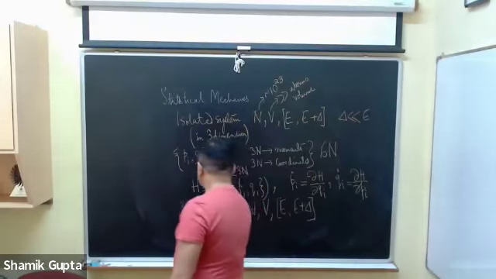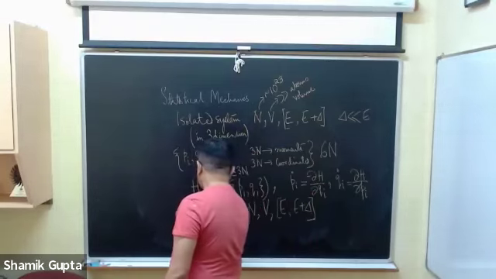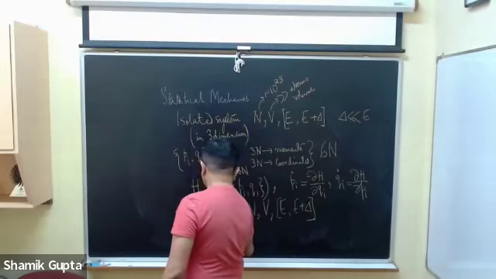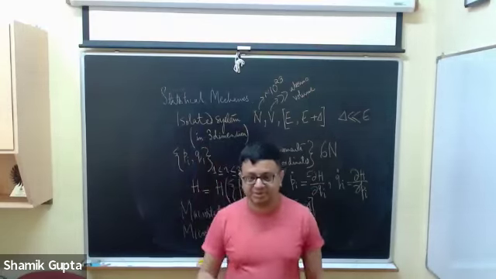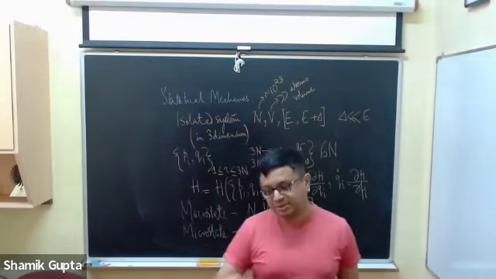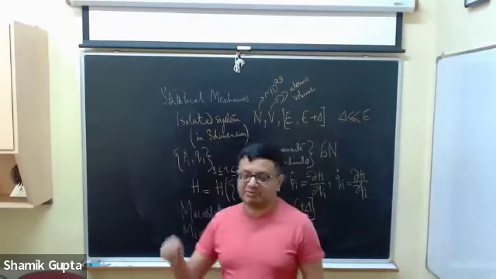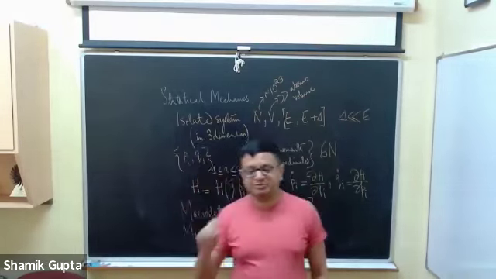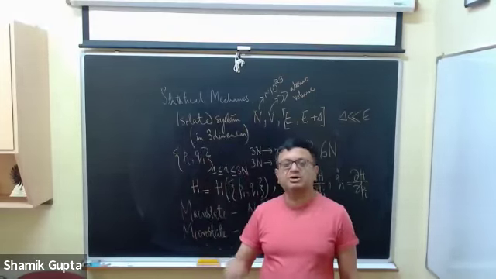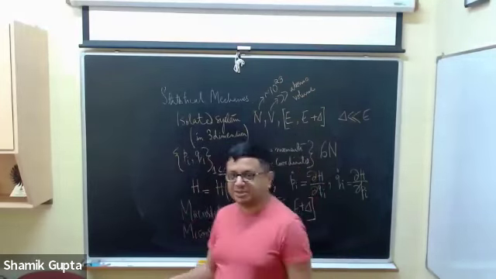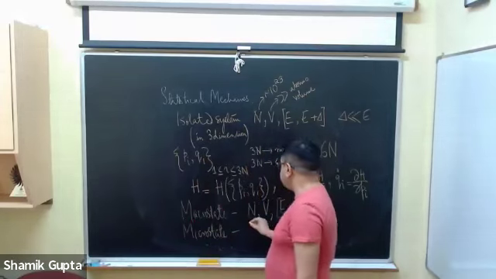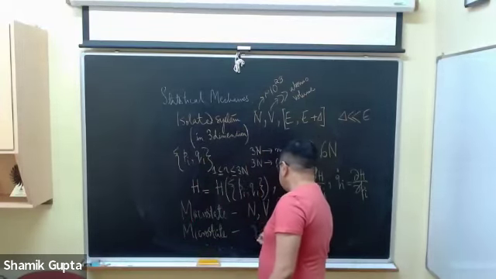How about the micro state of the system? Micro state is whatever you need to specify to describe the system at the microscopic level. So of course, at the microscopic level, you need to tell me the values of the coordinates and the momenta of all the particles making up the system. So therefore, the microstate is given by this.